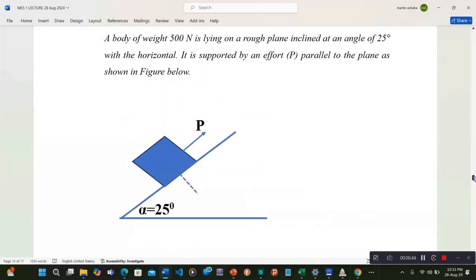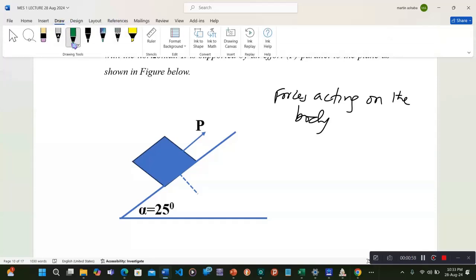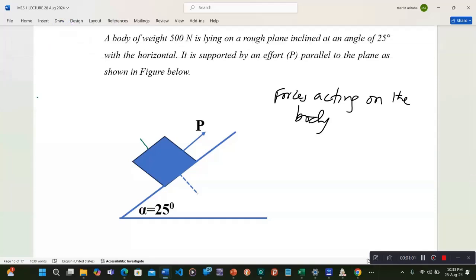So what you can always do is to indicate the forces acting on the body. So after indicating those forces, we said we have our R, we have a frictional force.